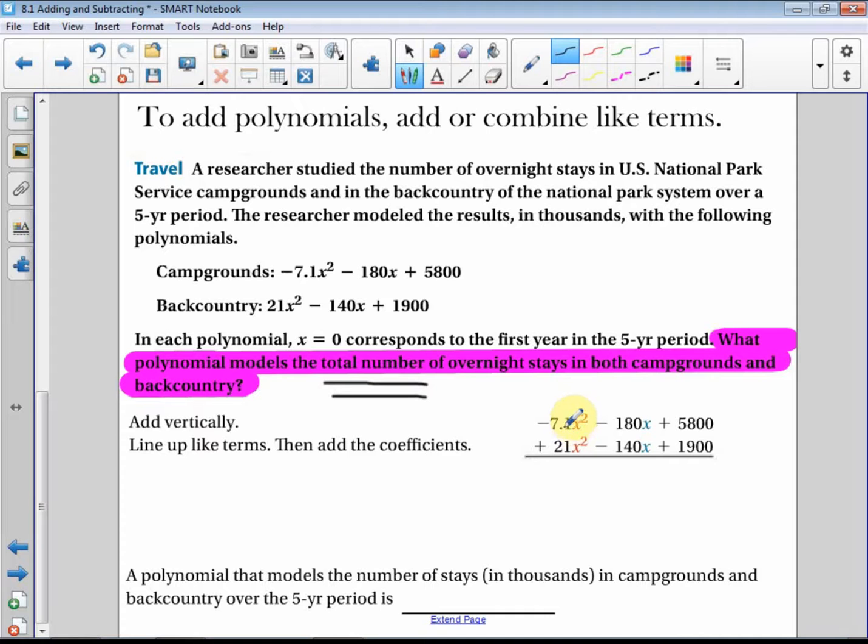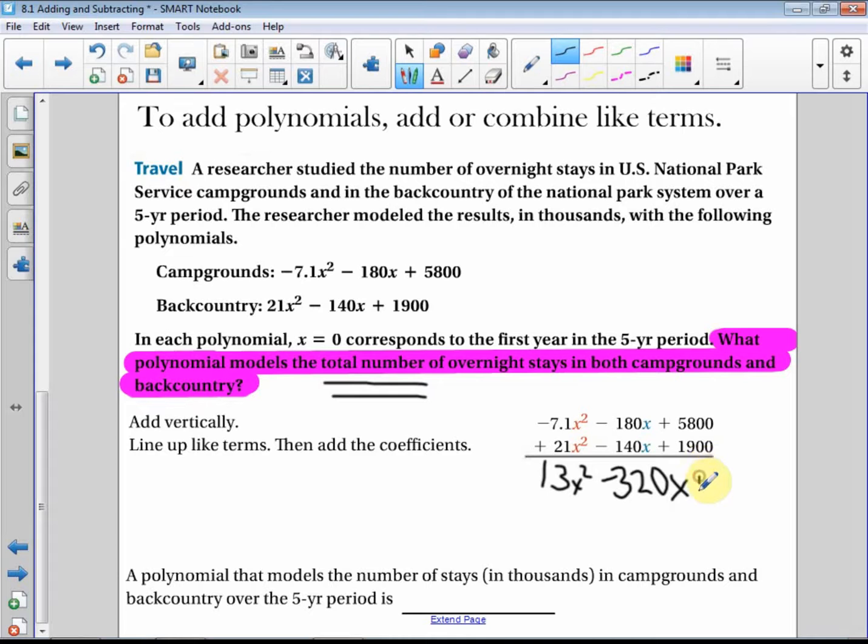We have a negative 7.1x squared, and we are adding 21x squared. We add that together, we get 13x squared. We have a minus 180x and a minus 140x. We will add those two numbers together, and we get a negative 320x.